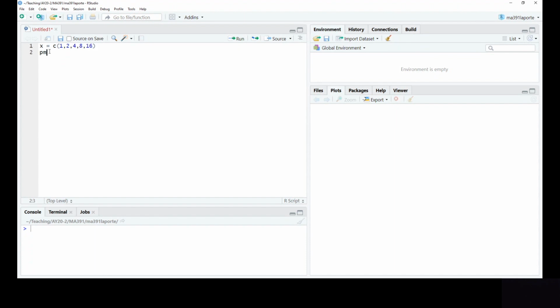And then the PMF, the probability mass function, we're just going to put in the probabilities that we had for this one. 5%, and then our CDF.